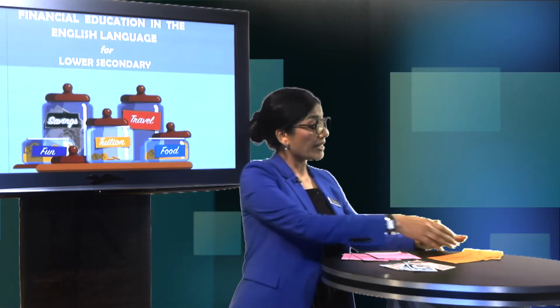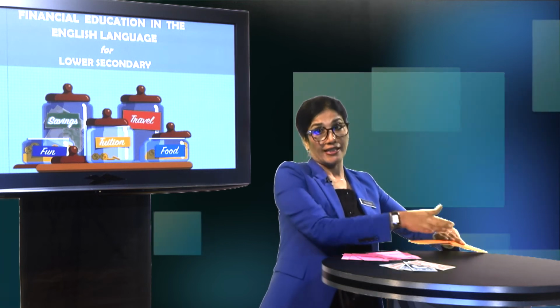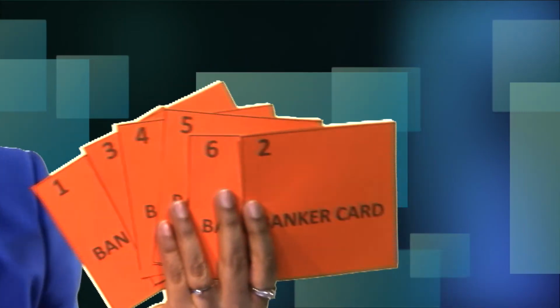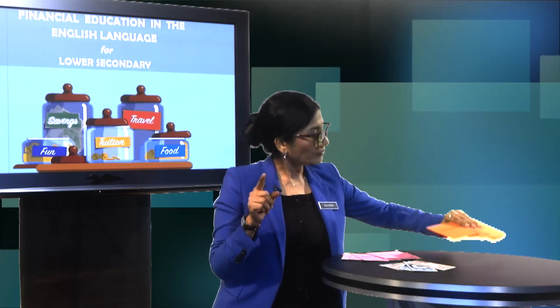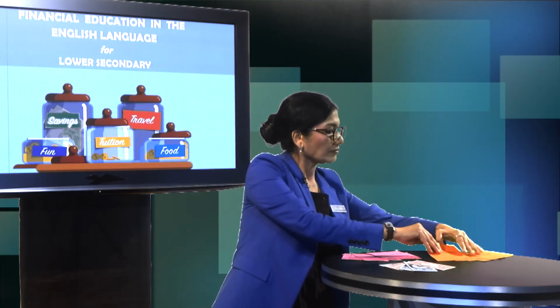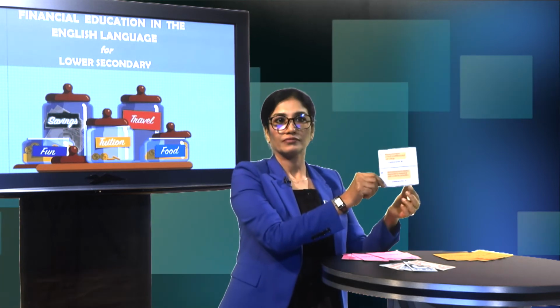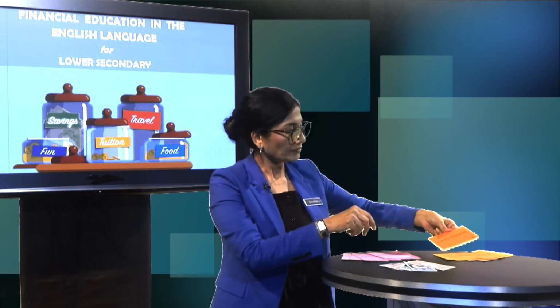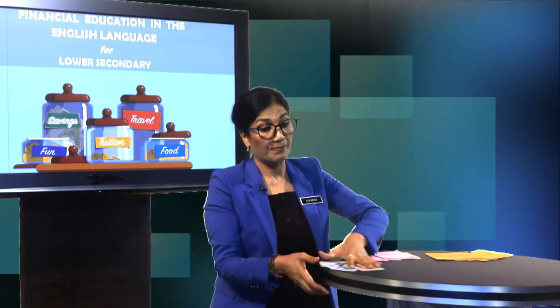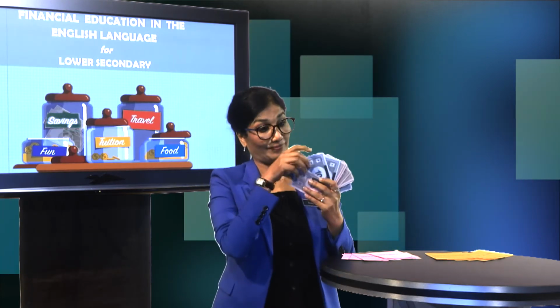A set of banker cards numbered 1 to 6 that contain 2 justifications on each. Some sample money.